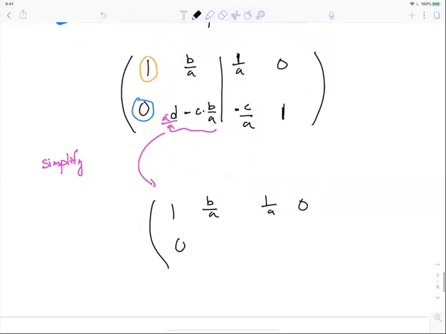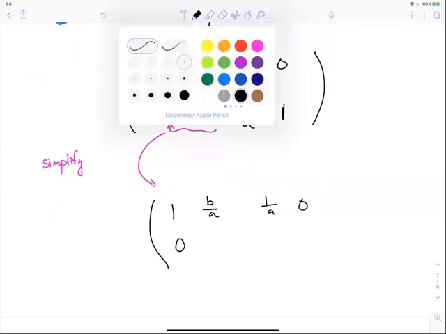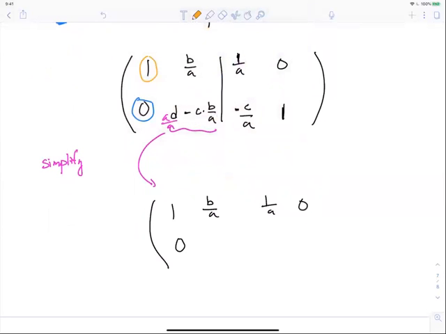This becomes 0. And now, let's just go over this. We create a common fraction here so we can subtract the tops, and divide by just A. And the rest of it remains the same.